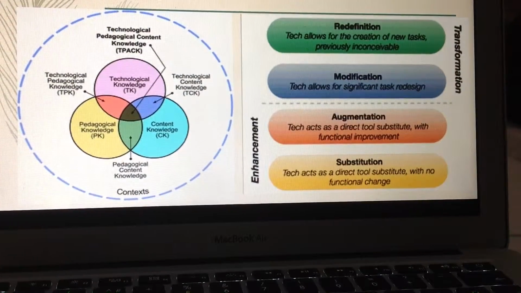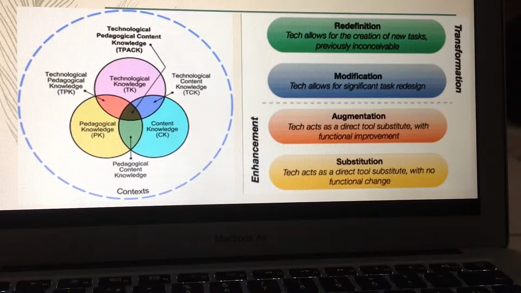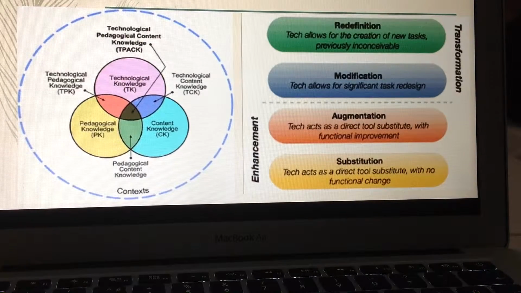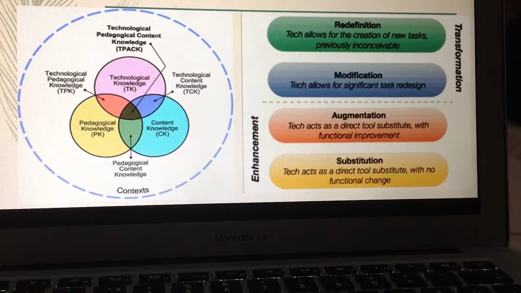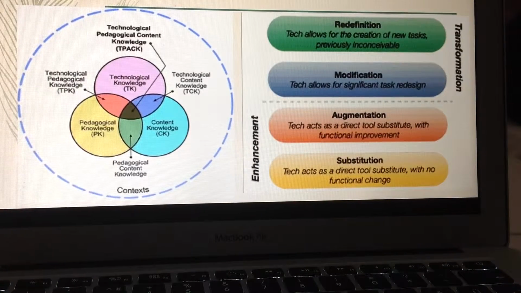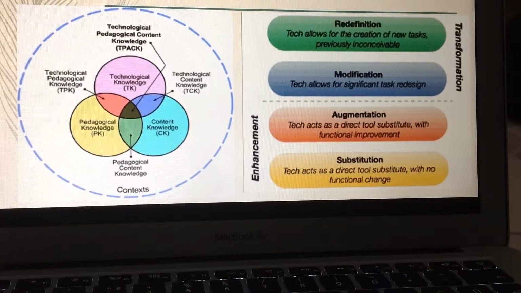I would like to continue by looking at the frameworks for technology integration. The first picture explains technological, pedagogical, content knowledge. The framework lays out the knowledge that educators need in order to successfully integrate technology in their teaching.